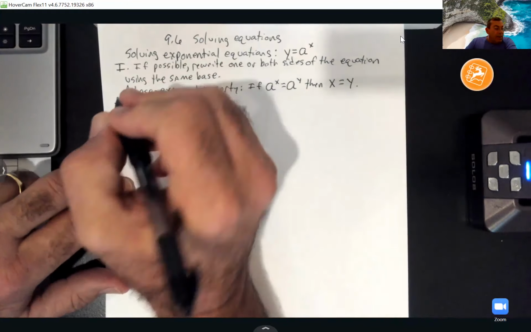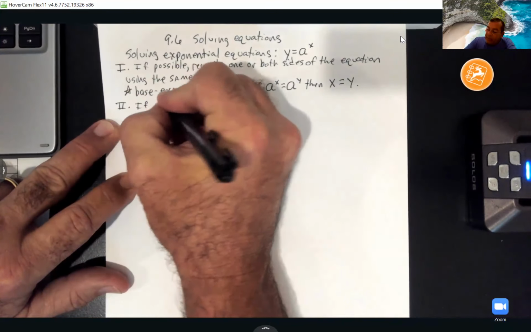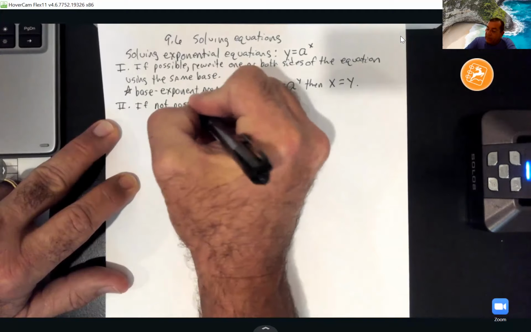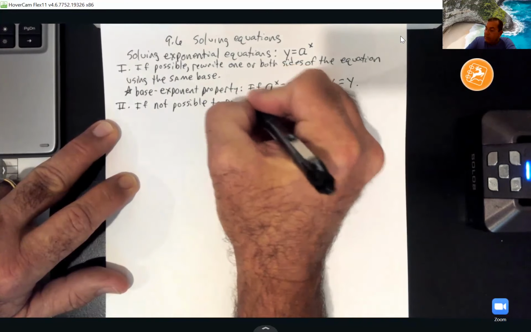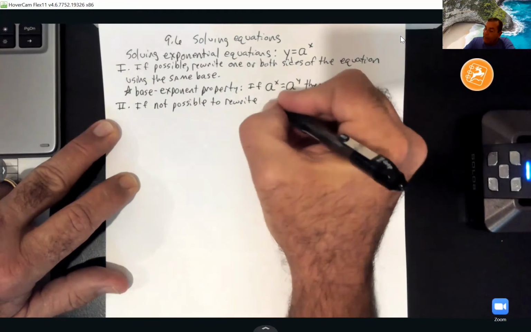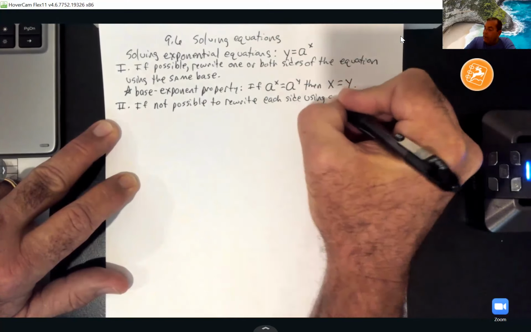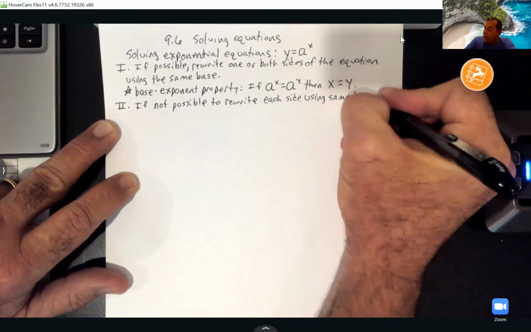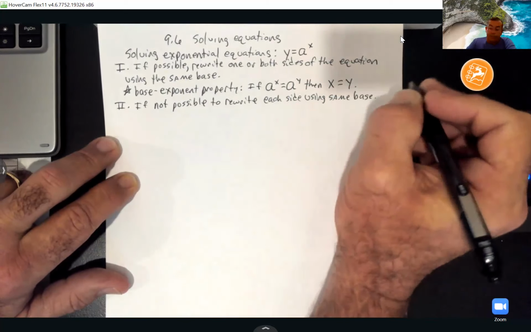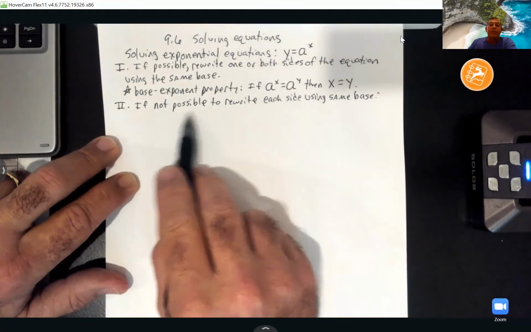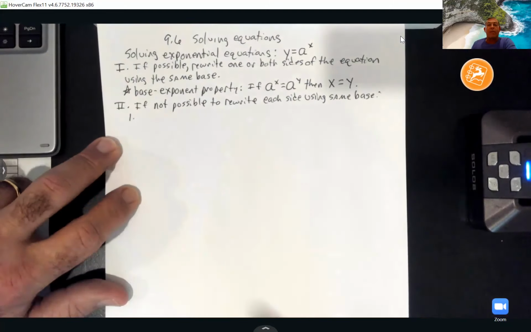Now, if it's not possible to rewrite each side using the same base, then I got to take another course of action.